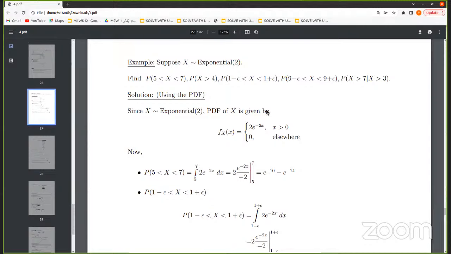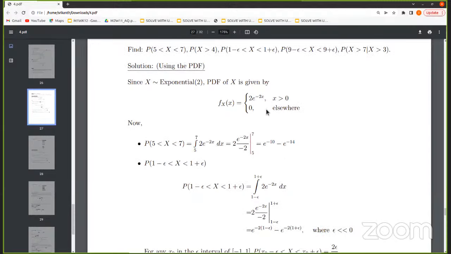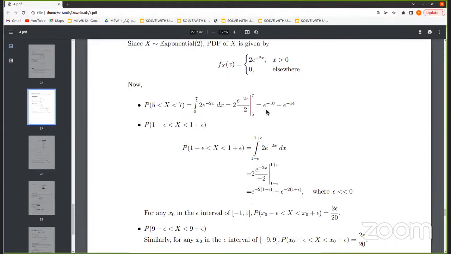A question. When we are given the PDF, integrating that within a region gives the probability of that region, right? Exactly. And then if you have to go to the CDF, do we integrate that again? No. For the CDF, you need not integrate. If you integrate the PDF, you will get the CDF.